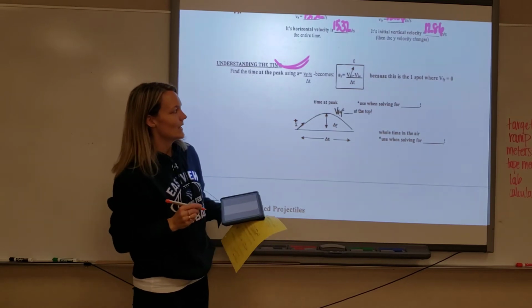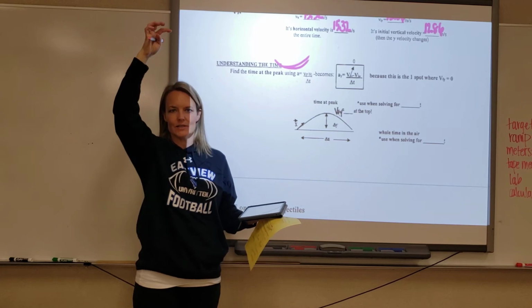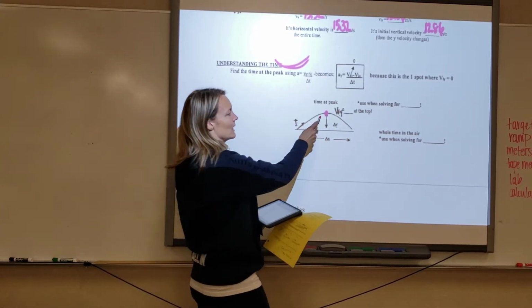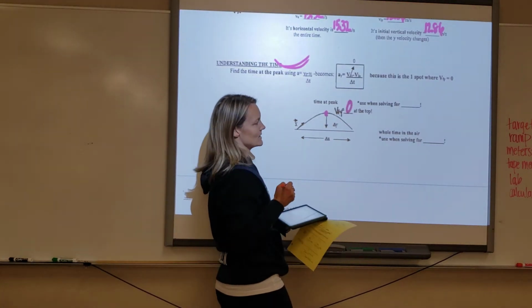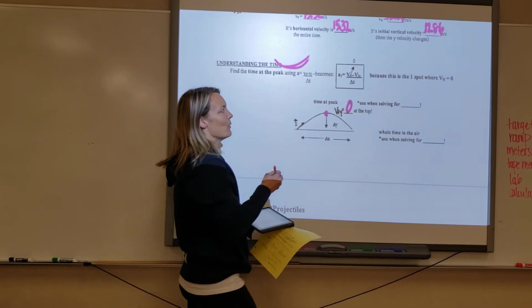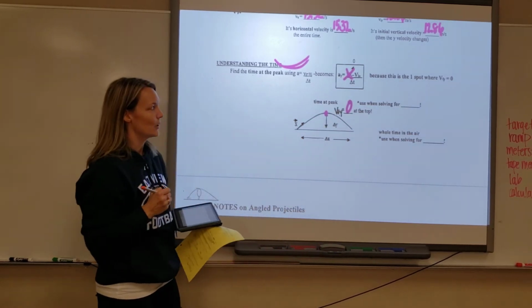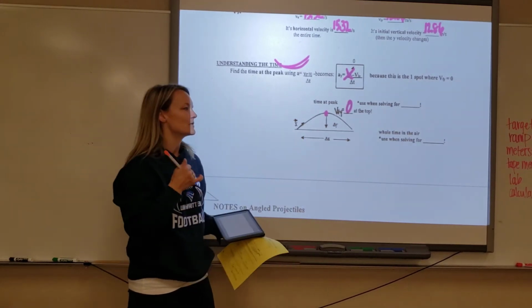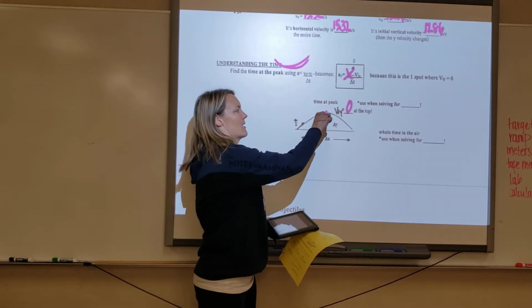There is one spot when you throw something up where it has a y velocity of 0, and that is at the top, at the peak. Right here, the vfy is equal to 0. At that point, we can get rid of that variable from the equation because it's at 0 at this point, as long as we realize that when we use this equation to solve for time, we are right here.